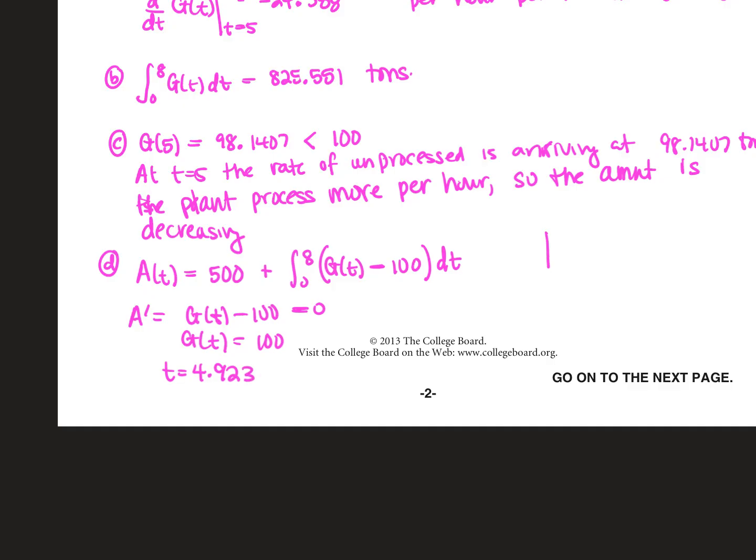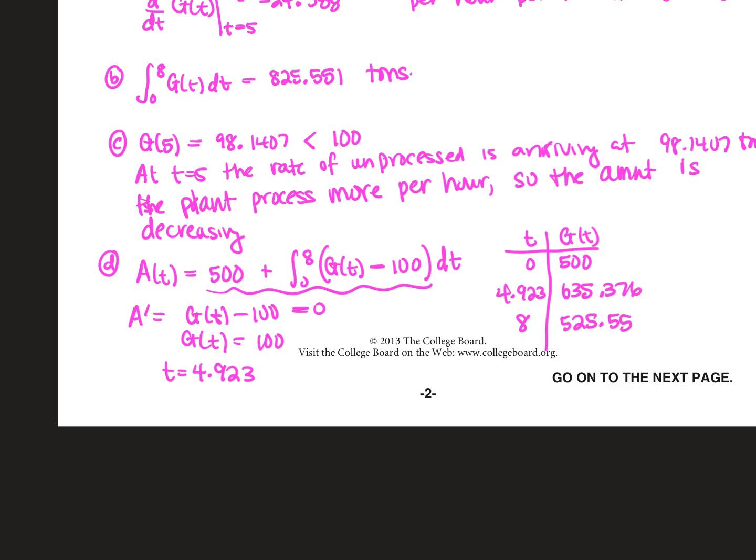Now this is a closed system, so we have to check the endpoints. At time equals 0, we knew there was 500 in there. At time equals 4.923, put it right in here and you'll figure out how much we have, which is 635.376. And we know at the end of the time, we have less gravel in there because now it's over 100, so it's going to start decreasing faster than what it was being put in.